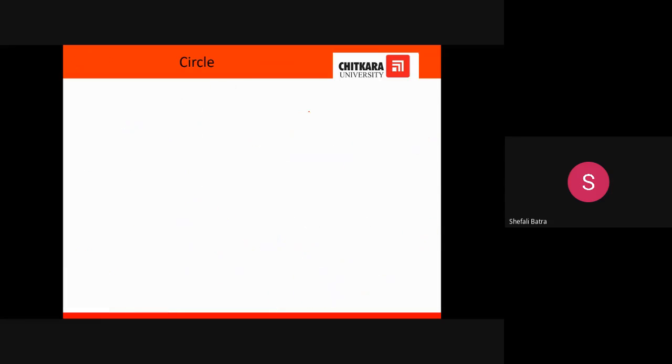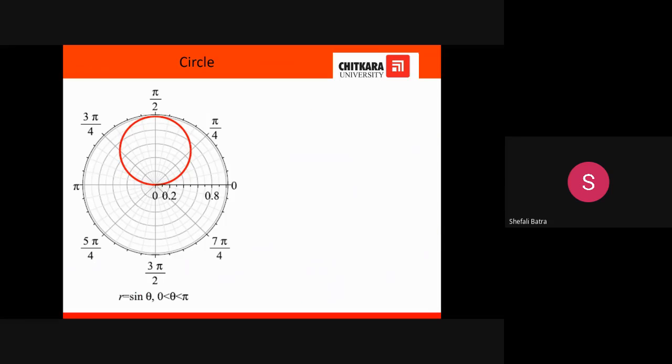And similarly, r is equal to sine theta. See, in this we have marked each and every line, and whenever you put theta, you get the corresponding value and can draw it. When I put theta is equal to 0, r is 0, so on this line the point is 0. Then theta is equal to pi by 2 gives 1, so the point is 1.